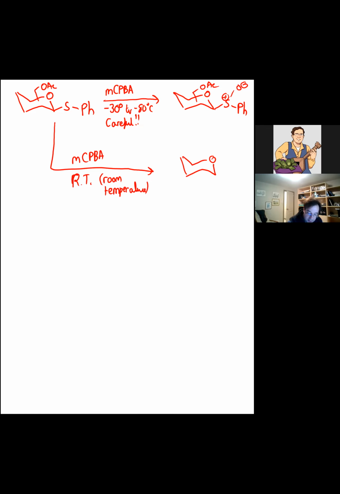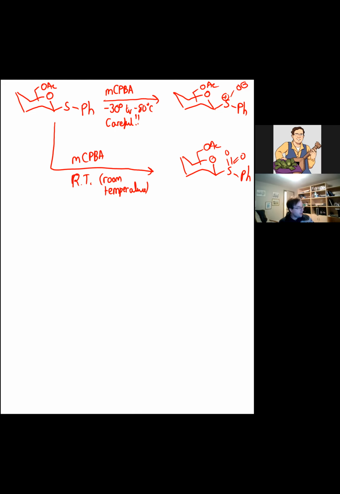It overoxidizes. So it's very, very easy to take this thing too far and make the sulfone instead of the sulfoxide.